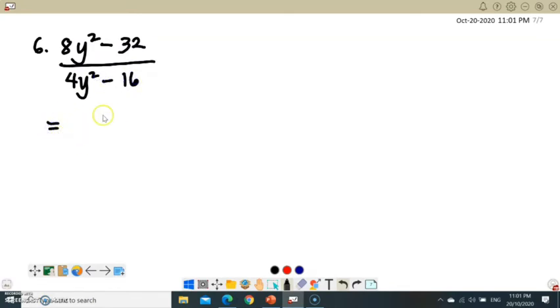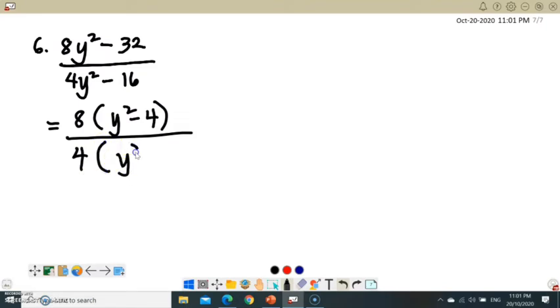So factor the numerator, that is 8 multiplied by y squared minus 4, over the factors of the denominator, 4 multiplied by y squared minus 4. So we cancel y squared minus 4, 1 and 1. So 8 times 1 is equal to 8, 4 times 1 is equal to 4.